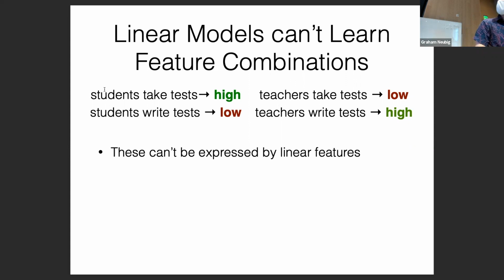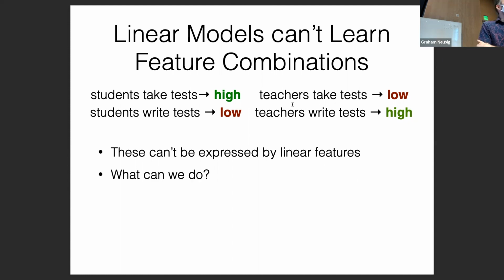Students being 2 positions ago is not enough to determine whether it's high or low. Take being 1 position ago is not enough, et cetera. The only way you actually know whether the probability will be high or low is taking the combination of 2 different pieces of information or more.